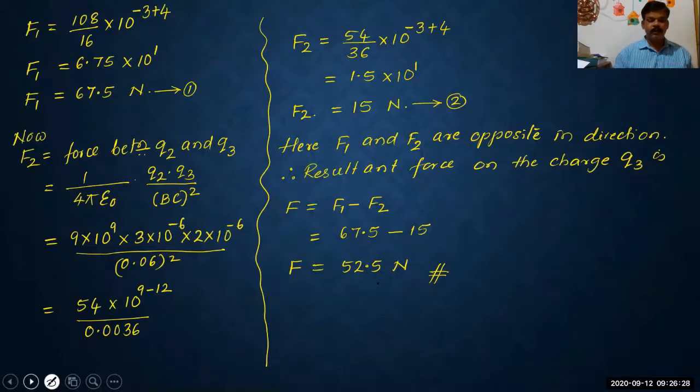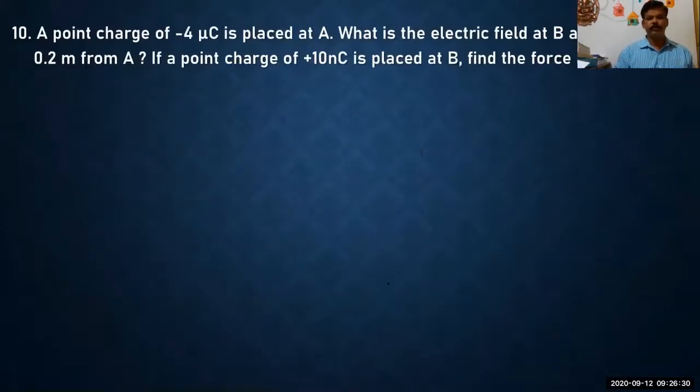Then, now I am moving to the 10th problem. See, this 10th problem is different from the problems we have solved, because now I am considering the concept of electric field at one particular point. So you have to recall the theoretical concept you have learned regarding the electric field.